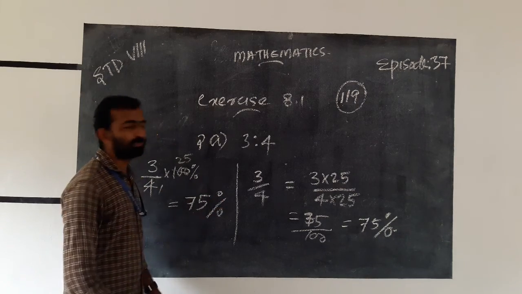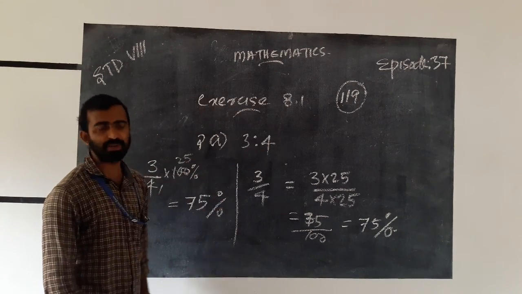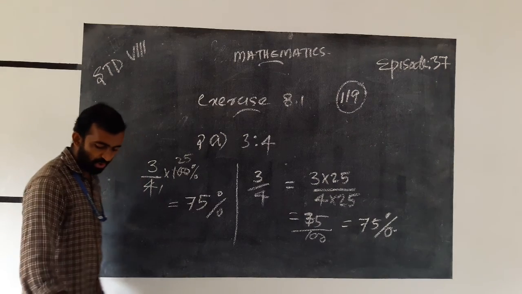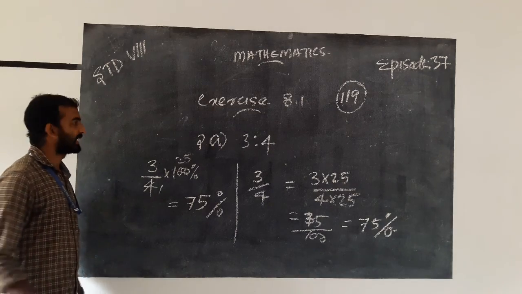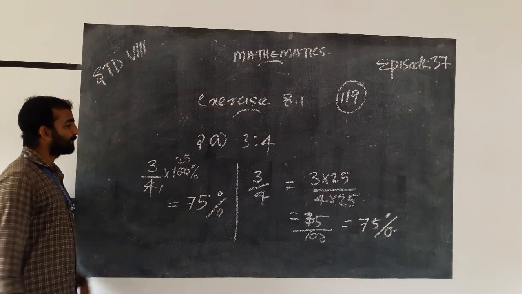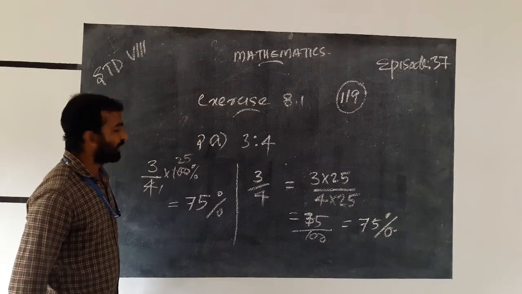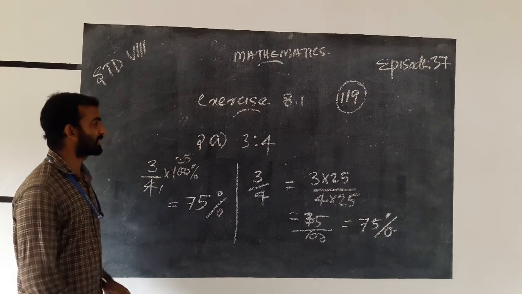These are the two ways to find the percentage. Here is the ratio we want to convert into percentage: 3 by 4 into 100 percentage, we get 75 percentage.